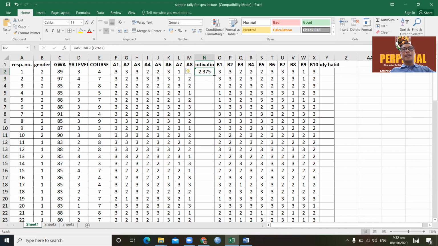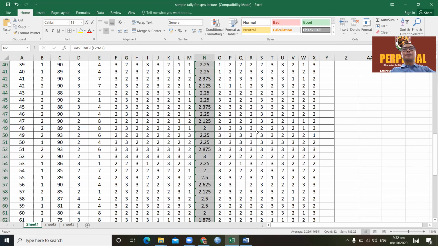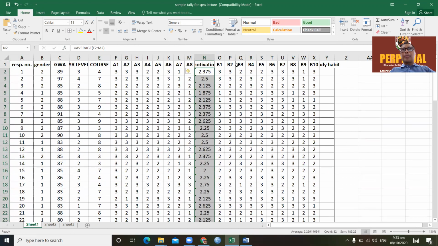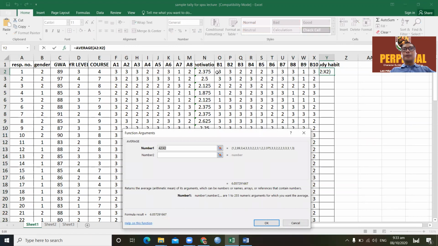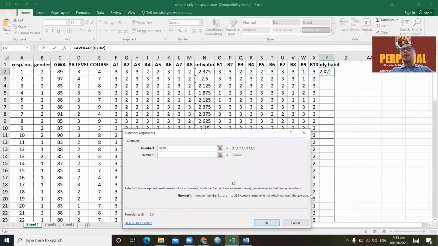All you need to do is double click this one so that it would automatically compute for the entire tally sheet. Now, you would do the same for study habit. You would compute for their average, and then you would click here and then drag until the responses for B10.